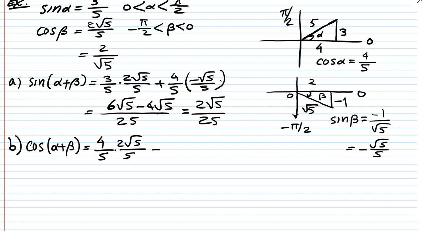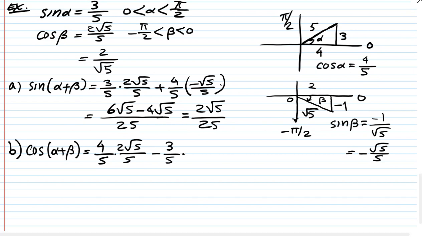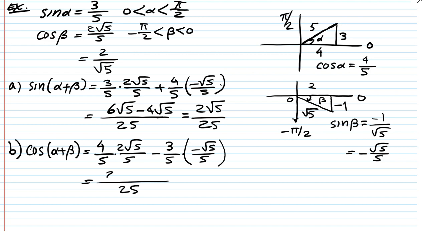Sine alpha was given to be 3/5 times sine beta, which we found it to be negative root 5 over 5. And let's work this one. The LCD, 25, 4 times 2, 8 root 5 minus negative is positive, 3 root 5. So the total is going to be 11 root 5 over 25. Okay.